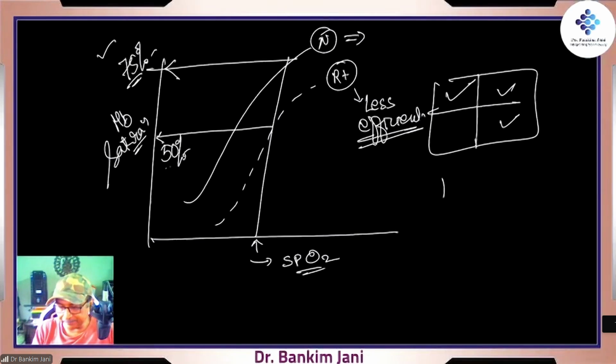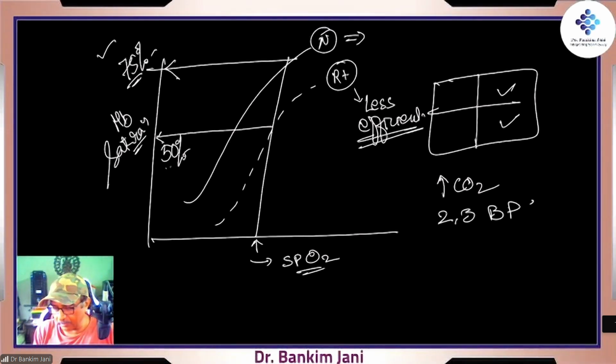When there is more carbon dioxide, there is a right side shift, because the hemoglobin is already releasing the oxygen. When 2,3-BPG is more, it is constantly telling the oxygen to go.